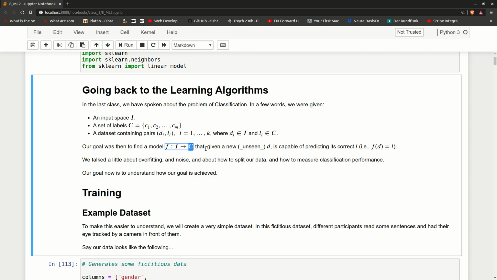And our hope was that this function would be able to generalize, so it would be able to guess correctly for data that the algorithm has never seen.